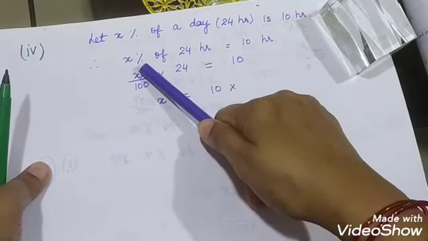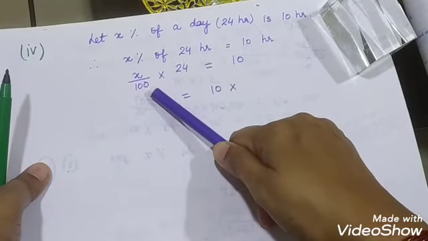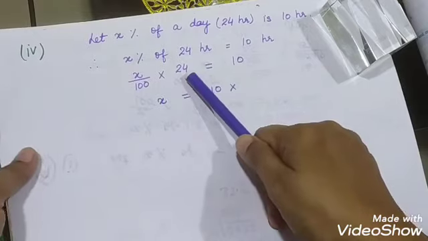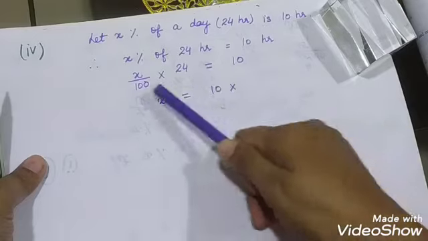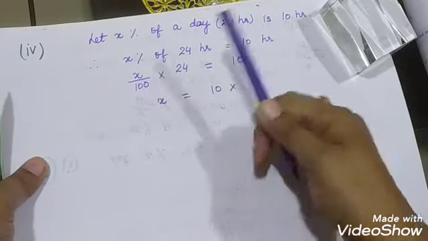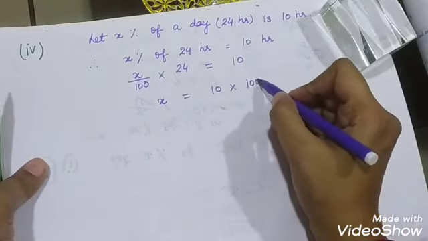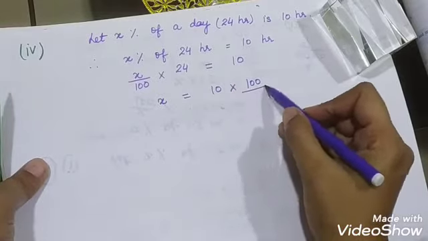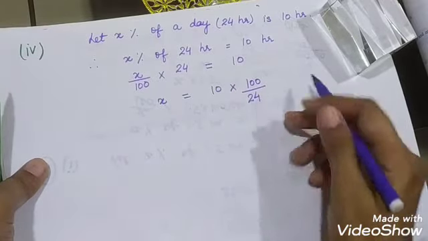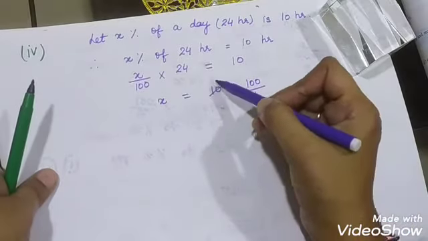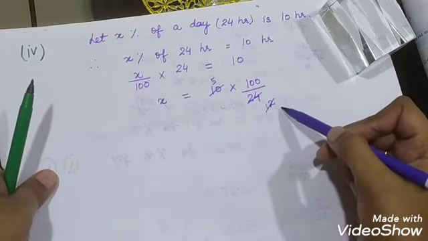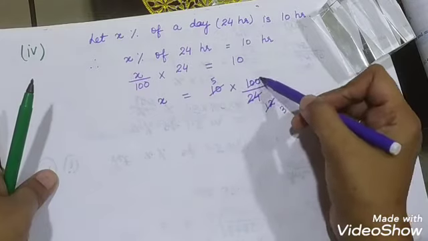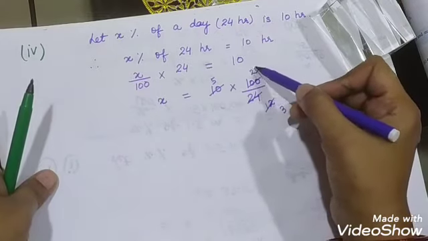Then we remove the symbol of percentage and divide it by 100. Of means into 24. And we bring all these numbers from left hand side to right hand side. So 100 which is in the denominator now comes in the numerator, and 24 which is in the numerator now comes in the denominator. Then we cancel 2 5s are, 2 1s are, and 2 2s are. Then 4 3s are, and 4 2s are, and 4 5s are.